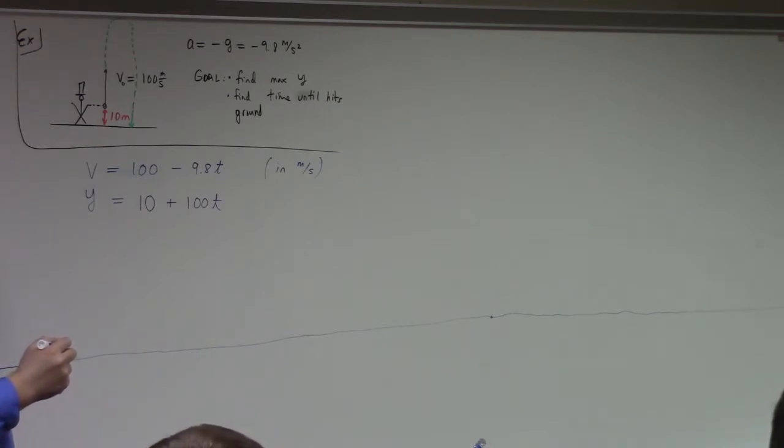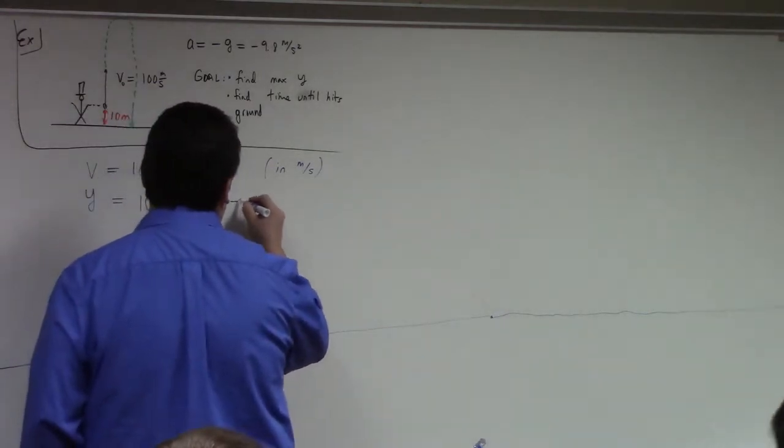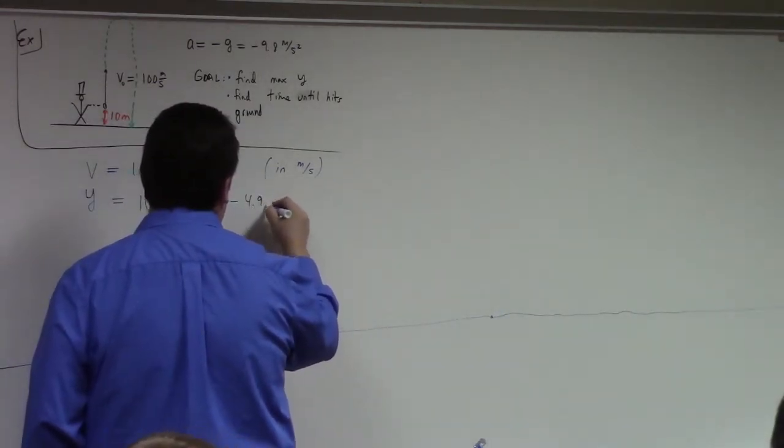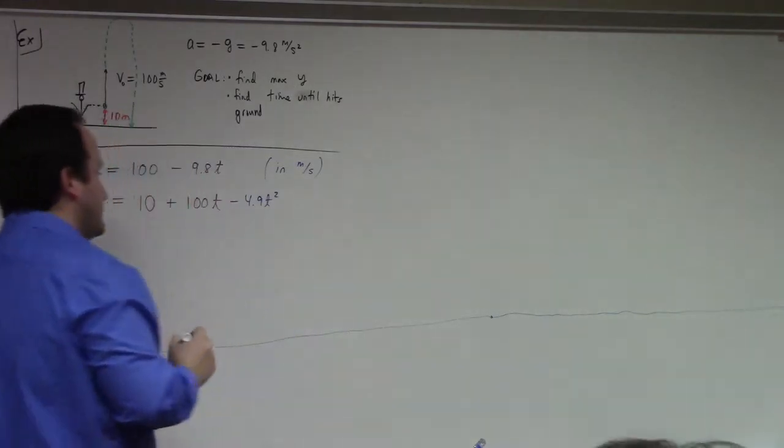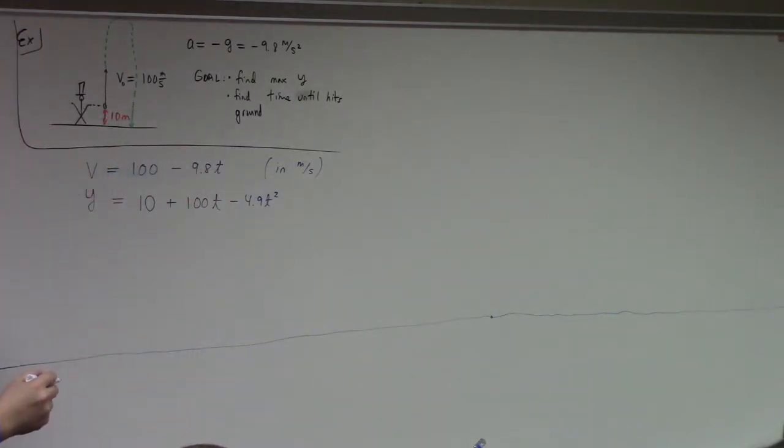And then minus 1/2 g t squared, which is minus 4.9 t squared. So I'm just putting specific constants into the constant acceleration formulas we derived last time. There's y as a function of t.